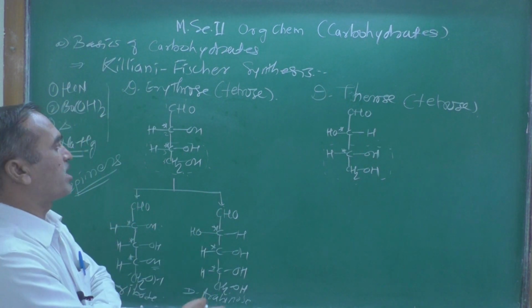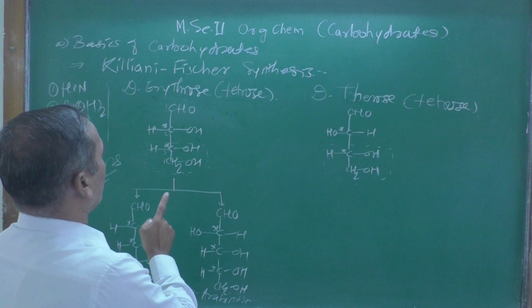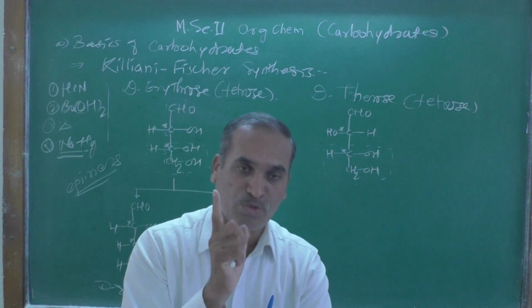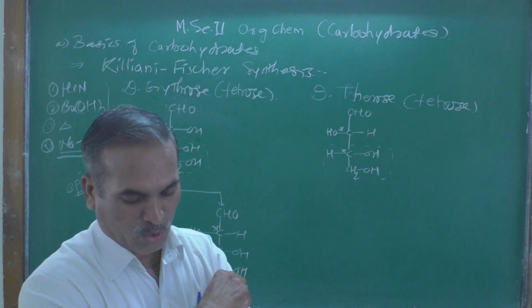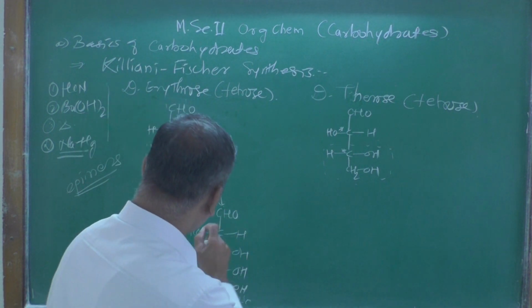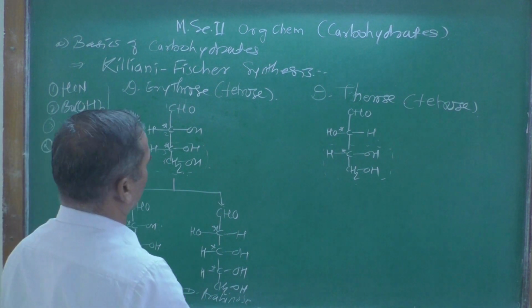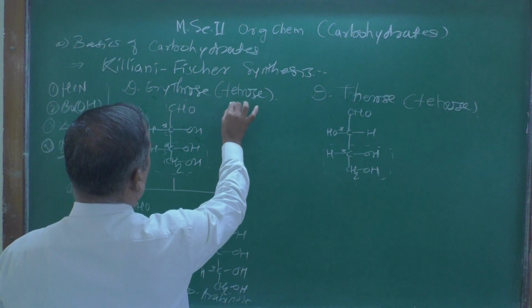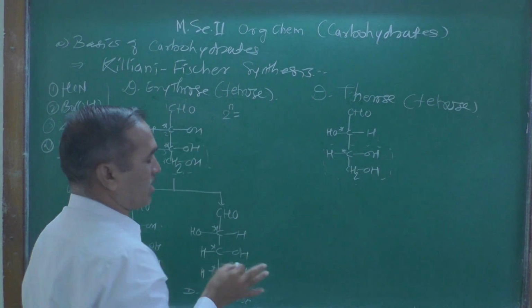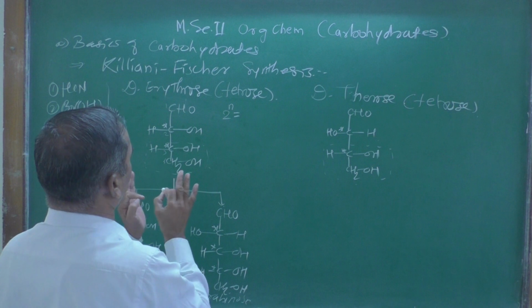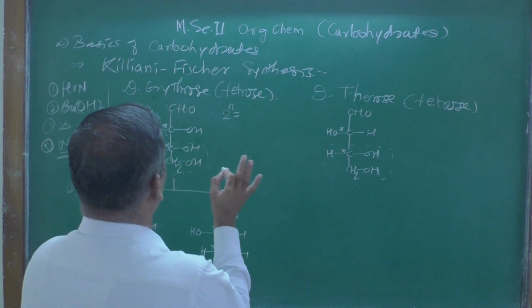There are 3 chiral centers, and as we know, the chiral centers play a very important role in carbohydrates. The formula for the number of isomers is 2 raised to n, where n indicates the number of chiral centers.